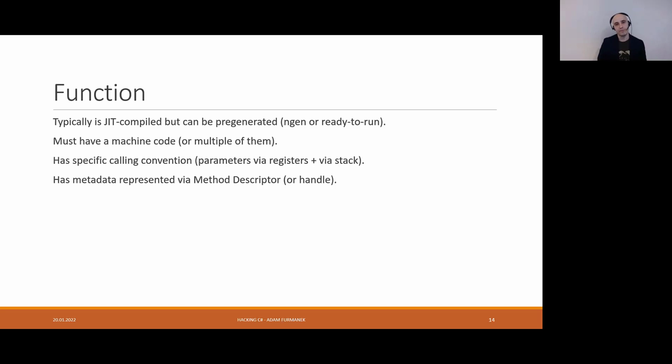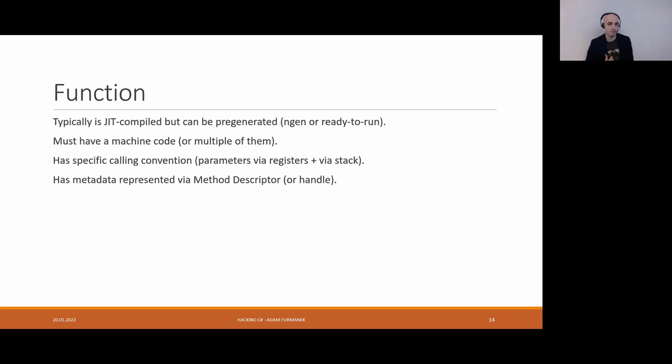You need to deal with how those things return values, who cleans the stack, who serializes those values if we are talking about any marshalling or whatever else. So generally there are quite many things we need to handle in order to get those things rolling. And this is what the just-in-time compiler does for you.